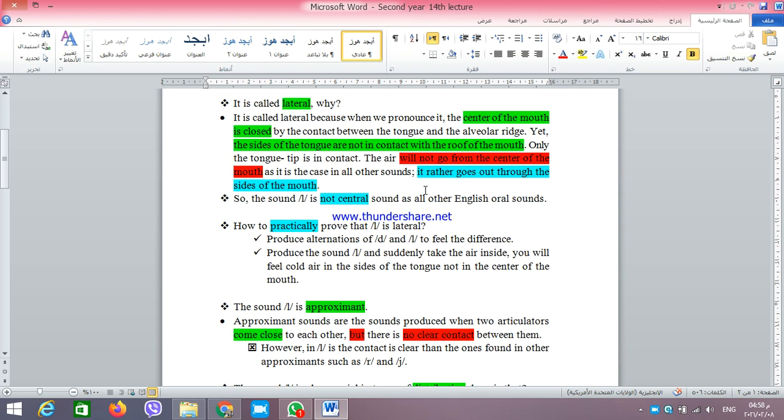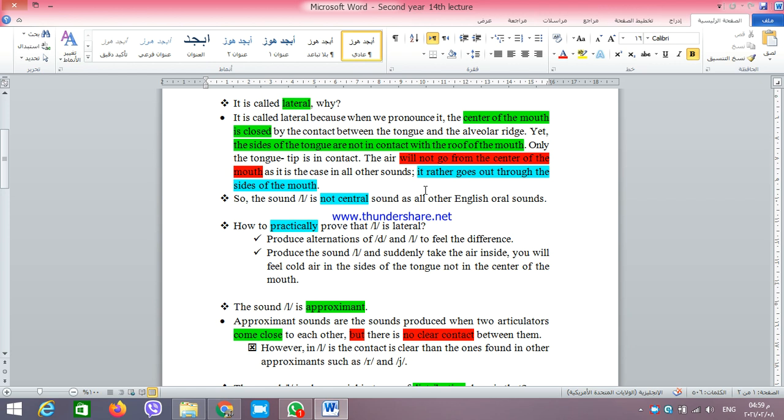If we take examples from other sounds in English, let's, for example, try pronouncing the sounds th, dh, s, z, sh, f, v, k, g.